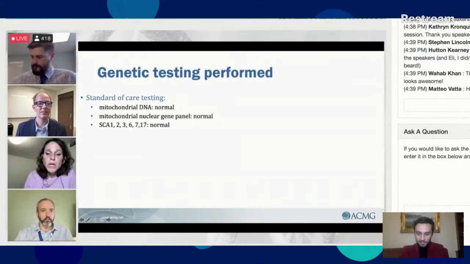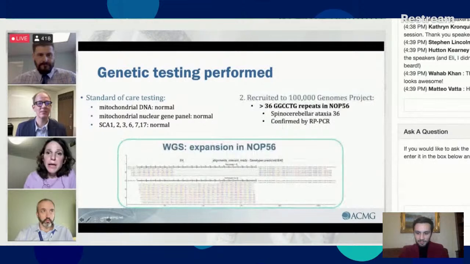So he was recruited to the 100,000 Genomes Project. We analyzed his genome. We applied our short tandem repeat expansion pipeline, and we detected more than 36 GGCCTG repeats in NOP56.